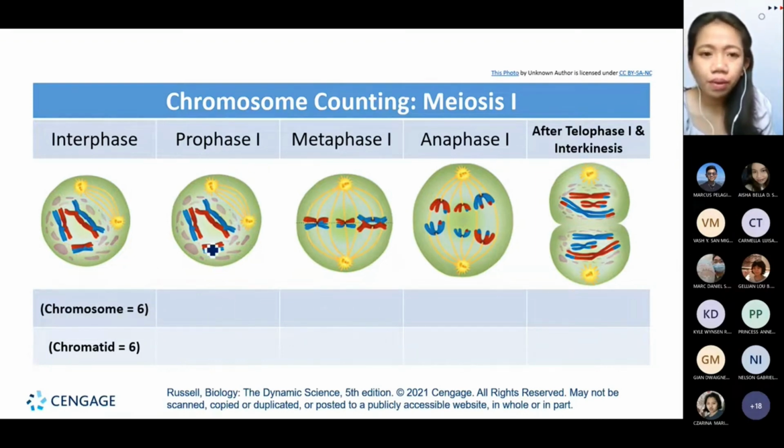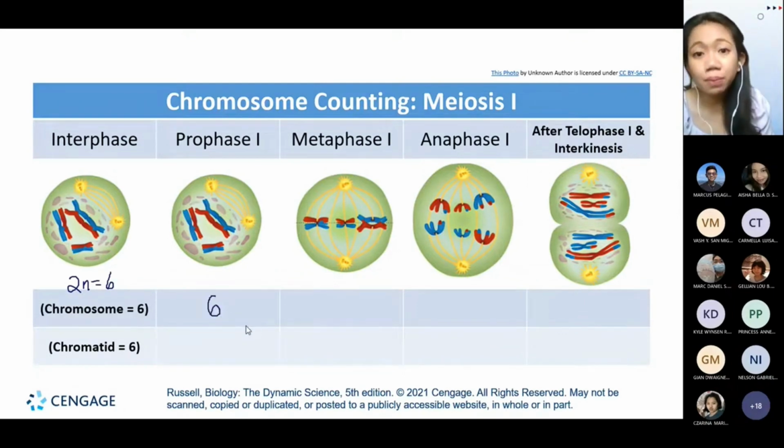All right. So for chromosome counting, this is easy because it's similar to mitosis, the mitosis counting we did. There are just changes in some stages. So for prophase 1, if 2n is equal to 6, then in prophase 1 there are 6 chromosomes.